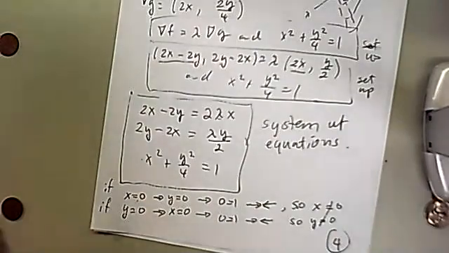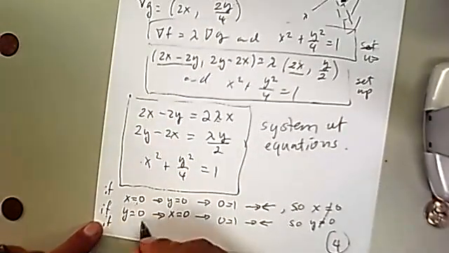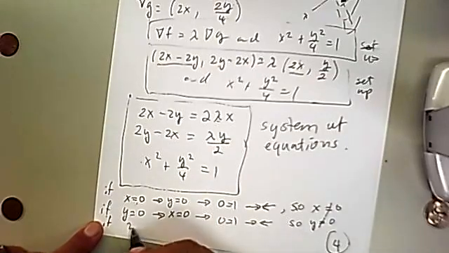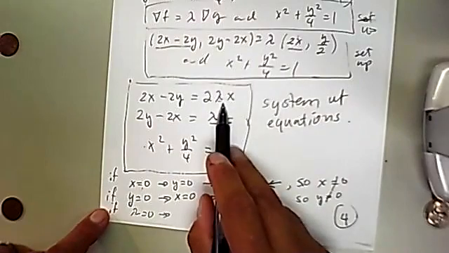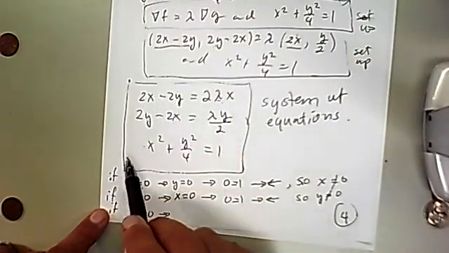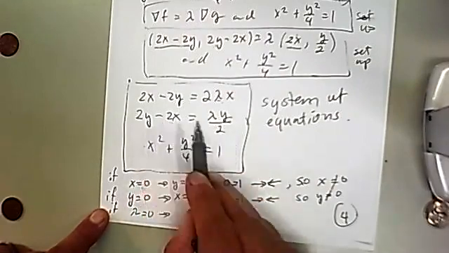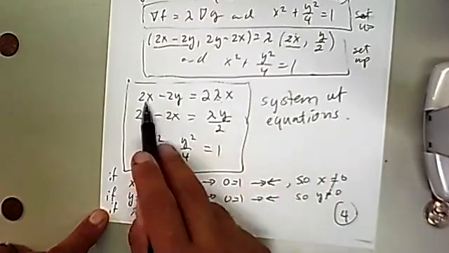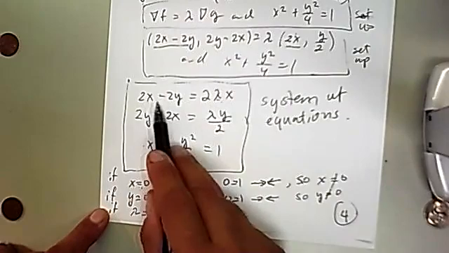Okay, can lambda be 0? So first we establish those two. If lambda is equal to 0, that forces x to be equal to y in both cases, because then we have a 0 here. So 2x minus 2y would be 0, divide by 2, and x equals y.